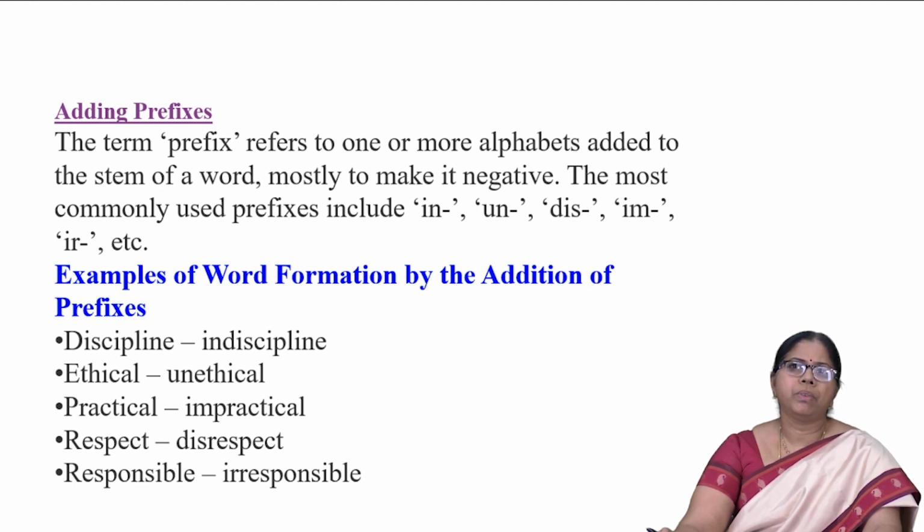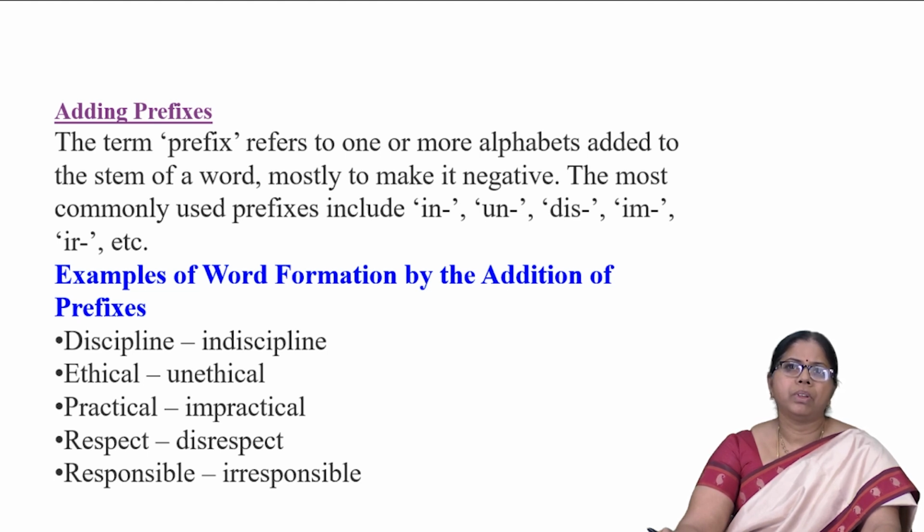So mostly we prefix some syllables to form a negative form of the words. The most commonly used prefixes include in, un, dis, im, ir, and extra. We use prefixes before the stem word to form a new word, and this process is derivation from another word.